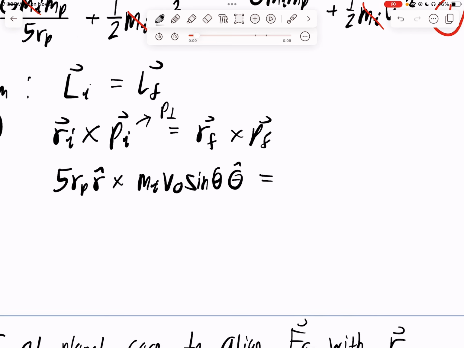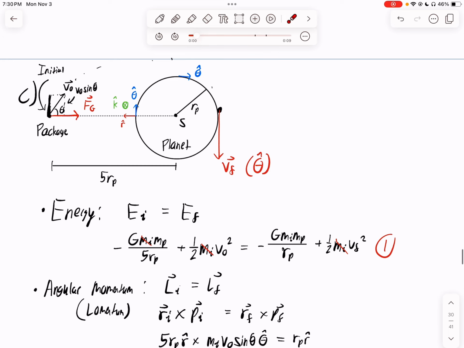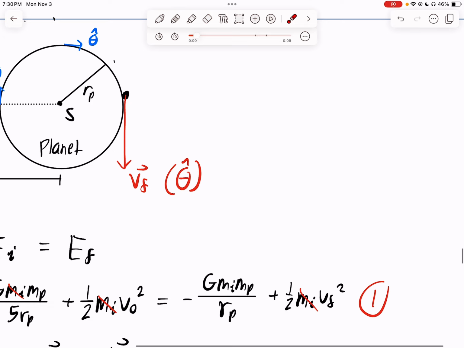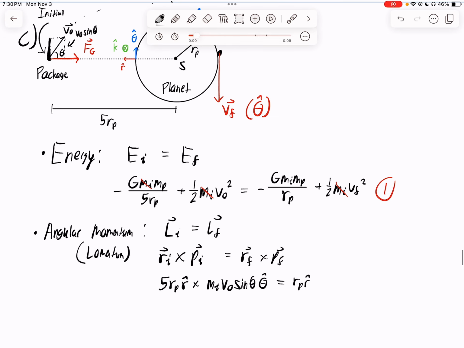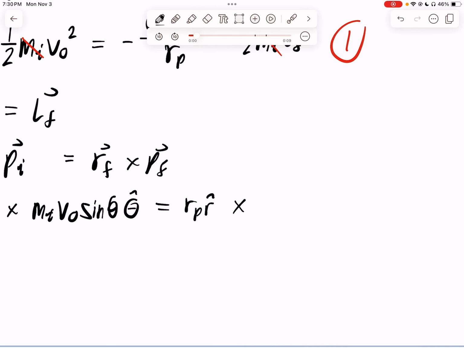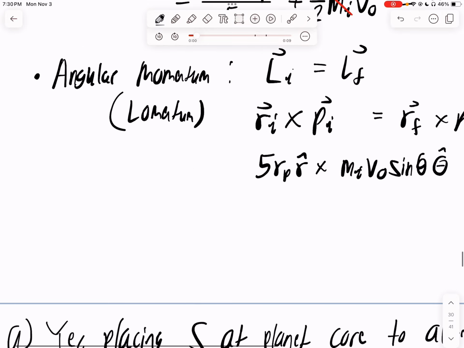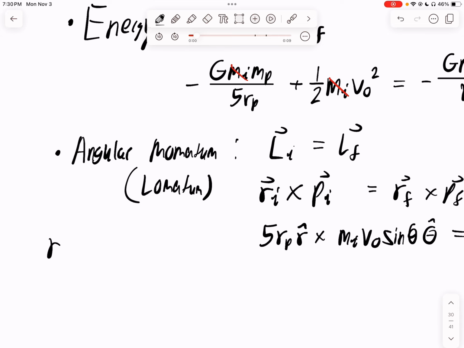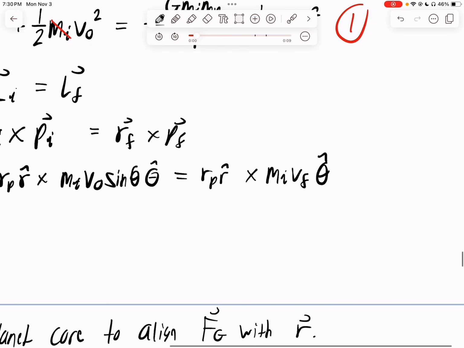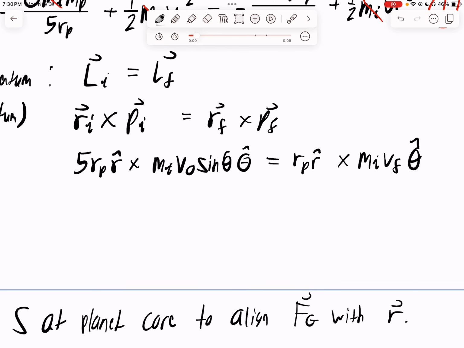And that is equal to the final state over here. Keep in mind that the final velocity is fully in the theta hat direction, by the grazing condition. So it's R_p crossed with m_i v_f theta hat. Since r hat cross theta hat is equal to z hat, we can cancel out some terms first.